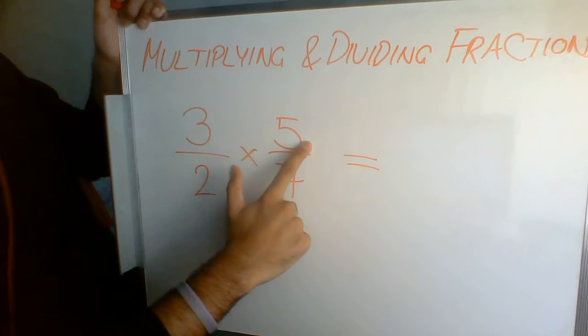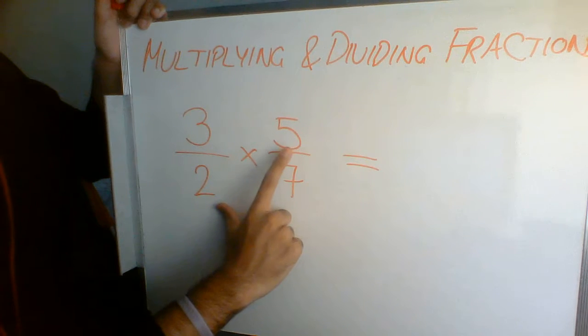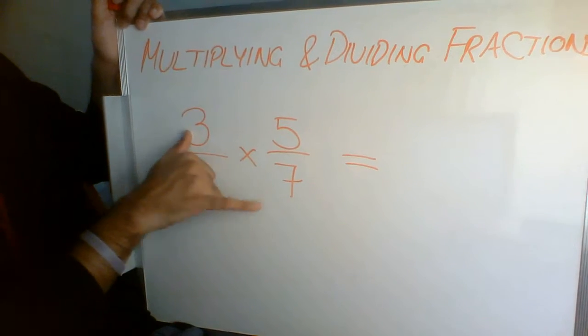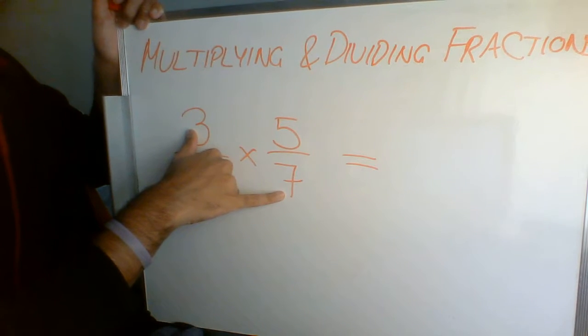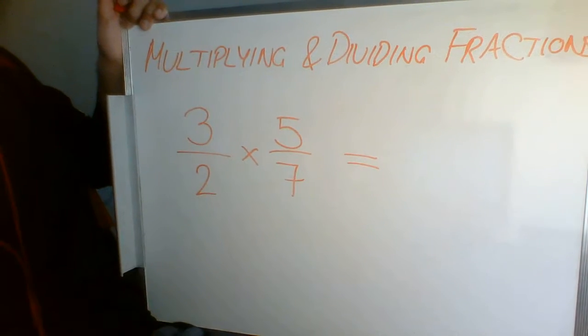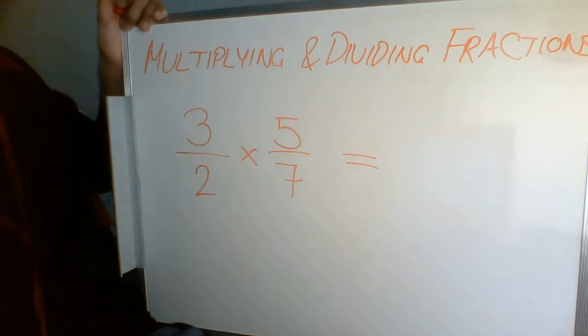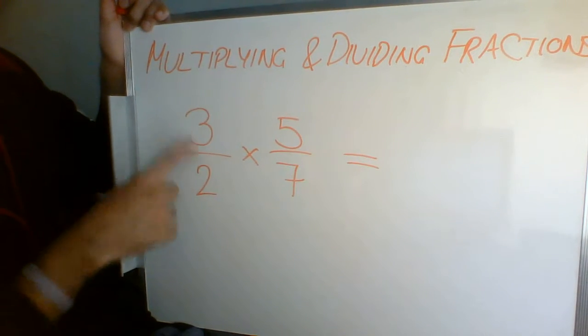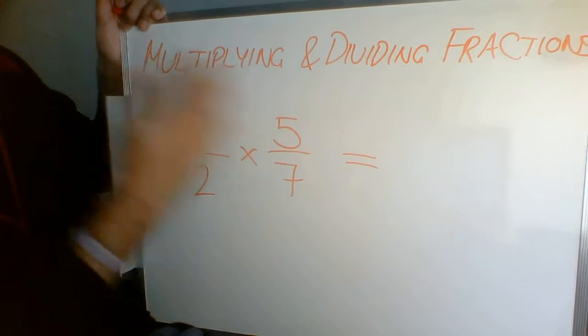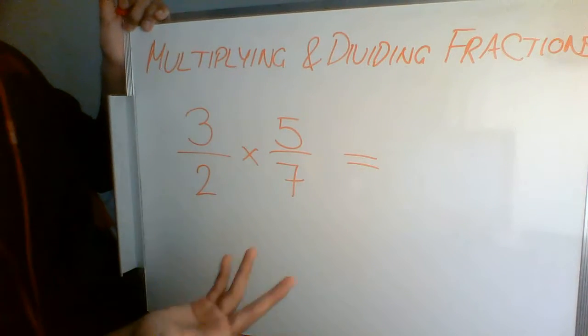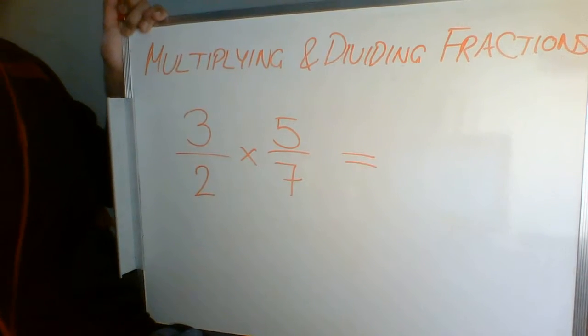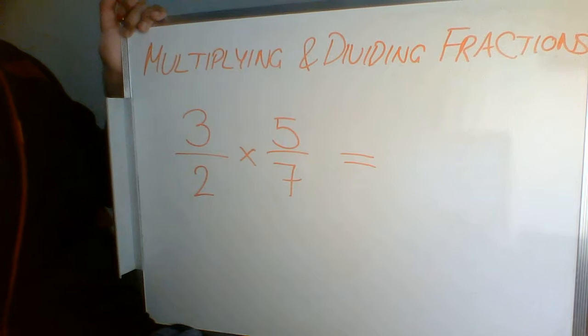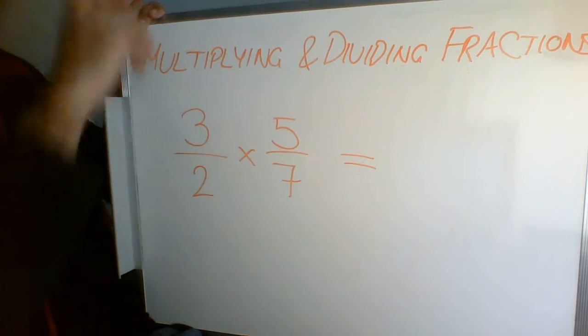If this numerator and this denominator are both divisible by the same thing, I can reduce those. And if this numerator and that denominator are divisible by the same thing, then I can reduce those. Obviously, we're not seeing that in this problem. 3 doesn't have any common factors with 2 or 7. We've picked 4 different prime numbers here. We can't do any reducing, but you'll see that in the next example, that you can reduce like that.